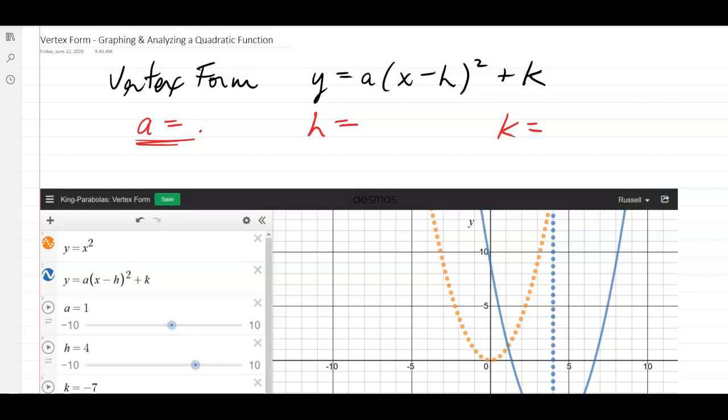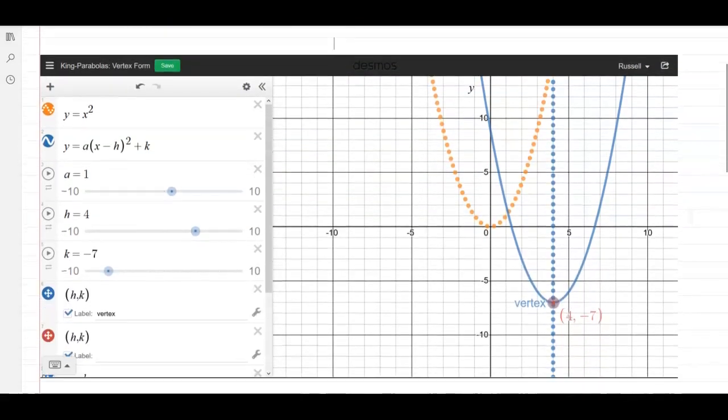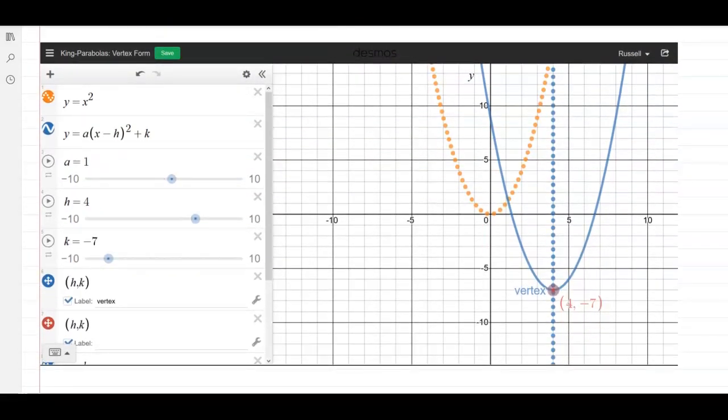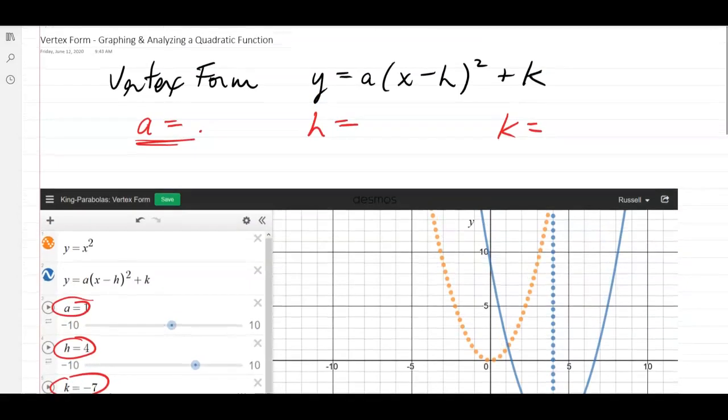Okay, we're back in the notebook, and I've got my screenshot from Desmos, the problem we were just working on, and notice something. With an a value of 1, so we haven't done anything with a yet, so the shape stays the same. With h is 4 and k is -7, here's what our vertex form equation looks like. I'll write this in blue.